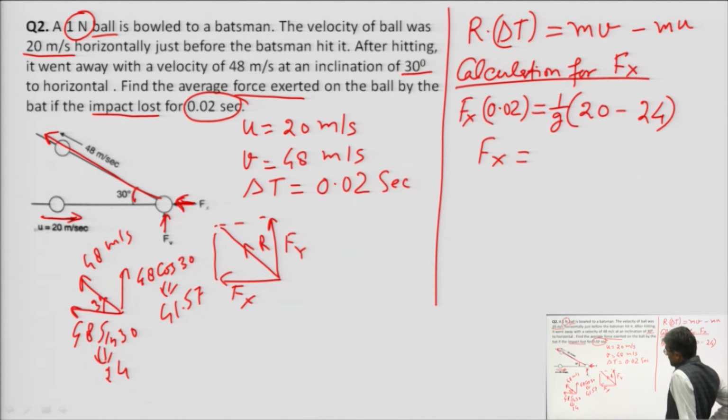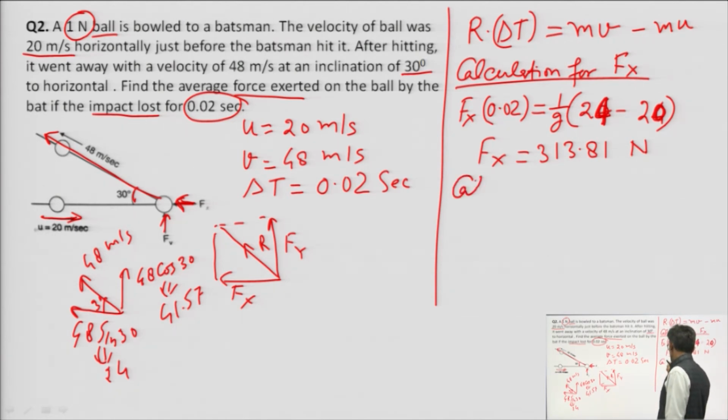For the final velocity, we need to put the final speed, 24 minus, final minus initial, and F x will be 3.81. That is the F x value.